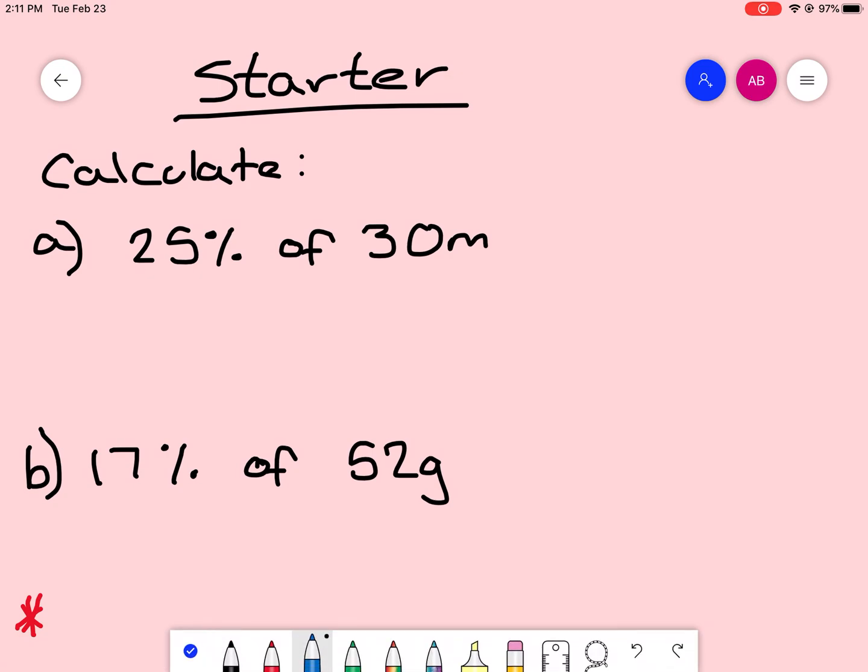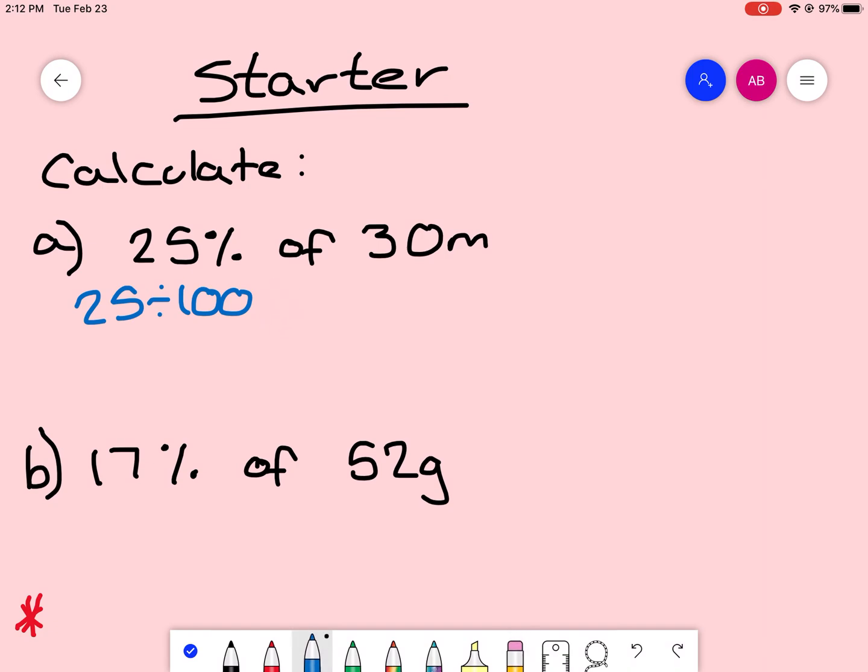Right, so question A. We've got to find 25% of 30 metres. There are loads of ways in which we can do this. However, if we have a calculator, the method I would like you to use today is to start off by dividing your percentage by 100.